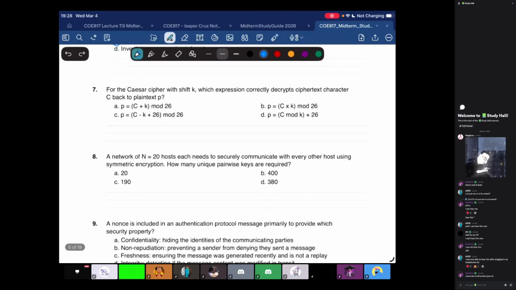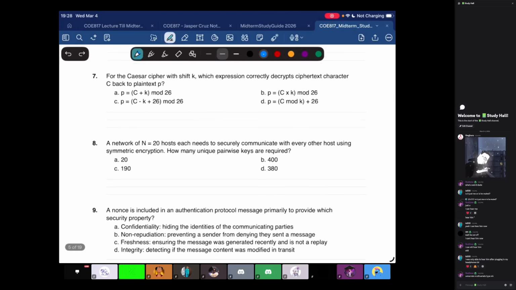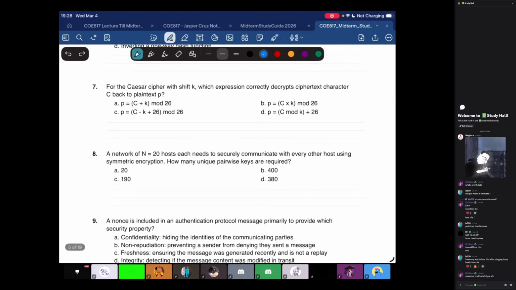For the Caesar cipher with shift K, which expression correctly decrypts ciphertext characters C back to plain text P? Initially, just to clarify, the Caesar cipher is a shift of K values.